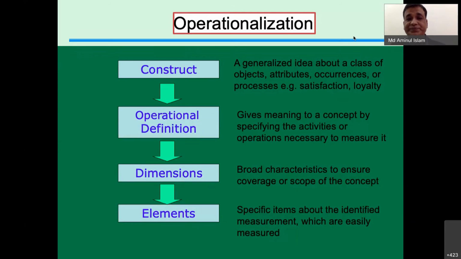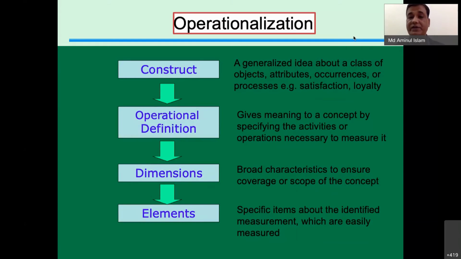Now, once you identify the constructs, the variables, then we have to operationalize them. Instrumentation is very important. If you go to my YouTube channel, about a week ago I uploaded a video on instrumentation. Please go through it to understand more. A construct, which is basically a variable, needs an operational definition.